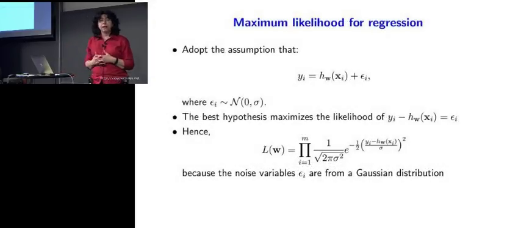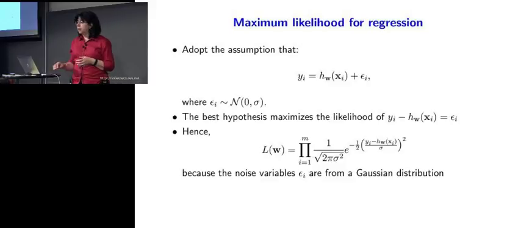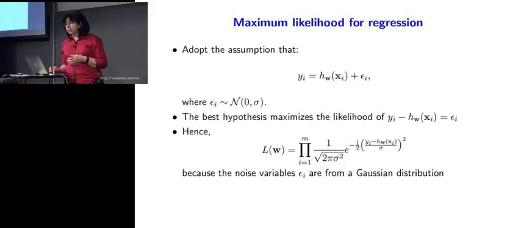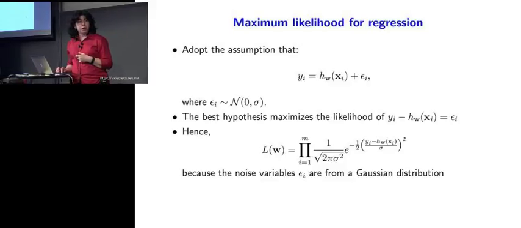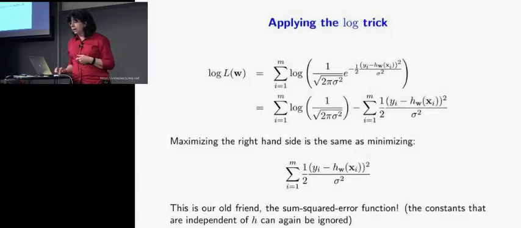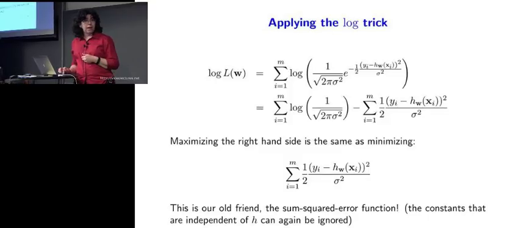Specifically now, I have my Gaussian assumption. And so if we adopt this Gaussian assumption that the outputs y really are the value of the hypothesis plus some Gaussian noise, then the likelihood has a nice form, because we have Gaussians here. We can take the log, and maximizing the log likelihood becomes the same as optimizing the squared error.